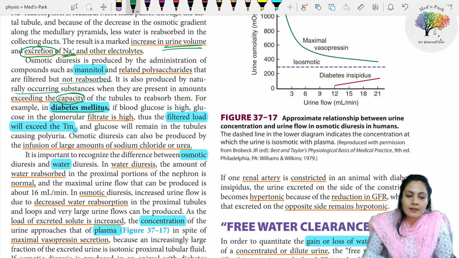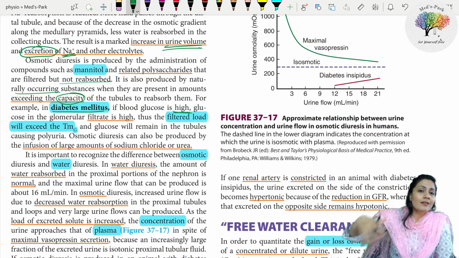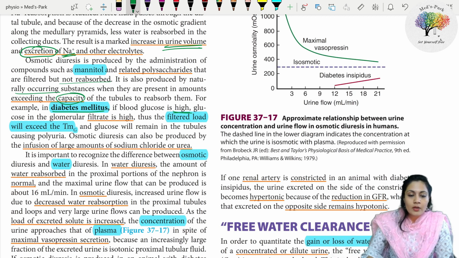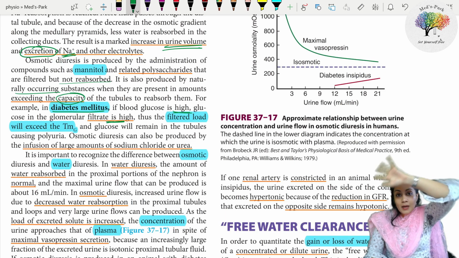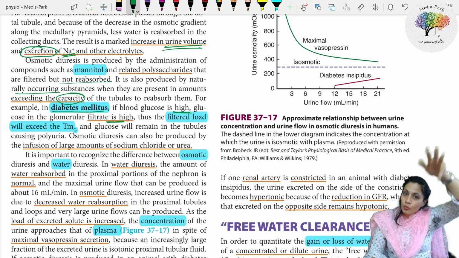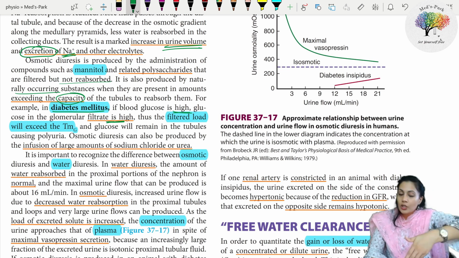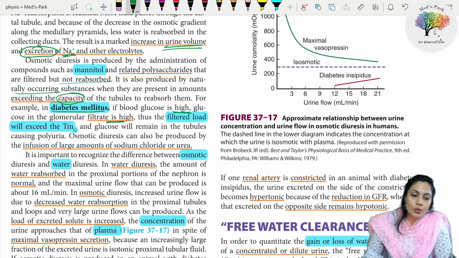In diabetes mellitus, if the blood glucose is very high, crossing the Tmax or renal threshold, right? The glucose in the glomerular filtrate is going to be high. Since there is high blood glucose, it is filtered into the tubules through the renal plasma flow, so there also it is going to be high. This is known as filtered load.